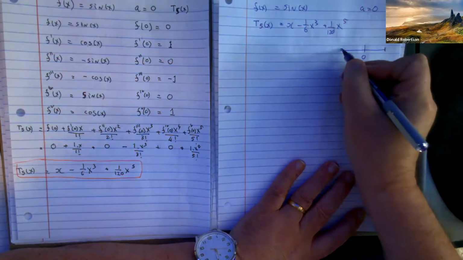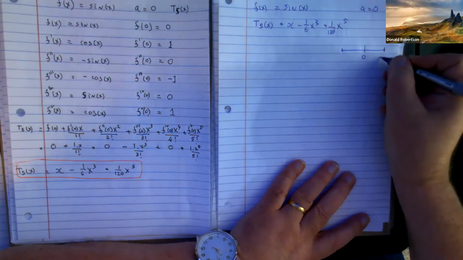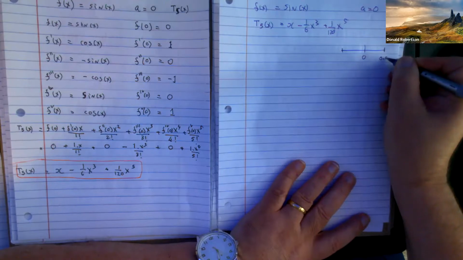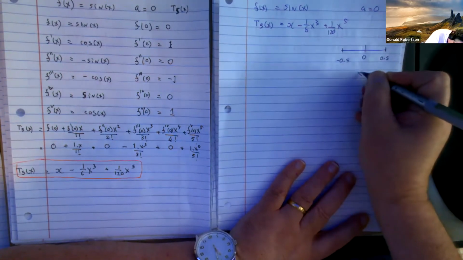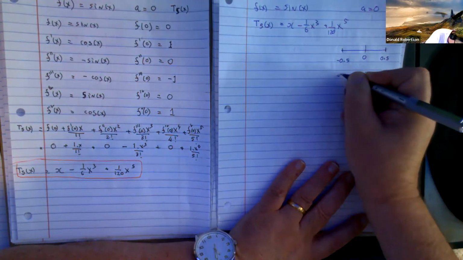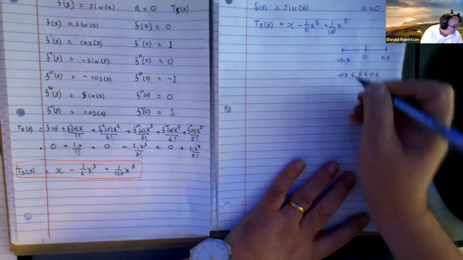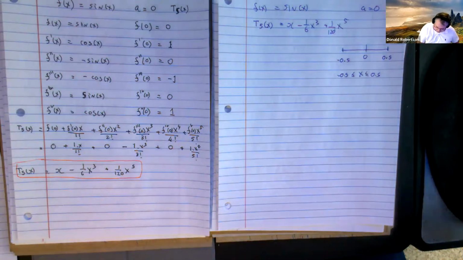And I am going to try and find out how accurate it is if I only use values of x in the range, say, 0.5 to -0.5. And we know that was a good fit. If you went back to the picture, you would see both of them almost on top of each other.